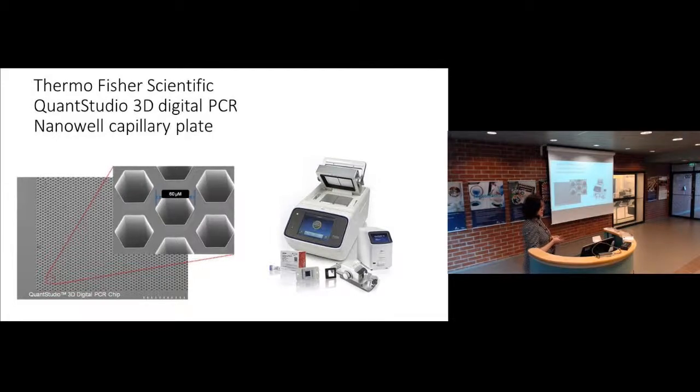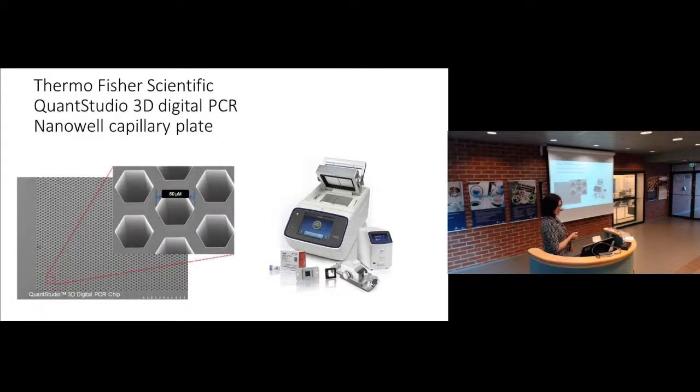You can also do that same trick in nanowell capillary plates. Thermo Fisher has this format for digital PCR, where there are 20,000 tiny wells in the chip. I have these chips here.